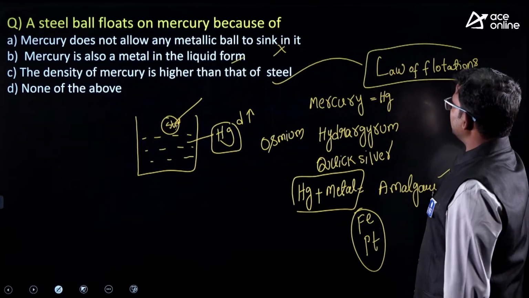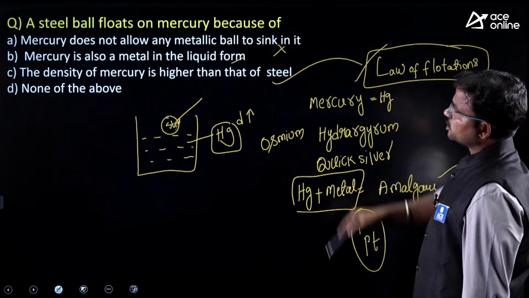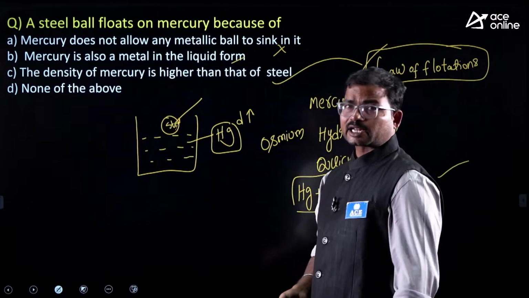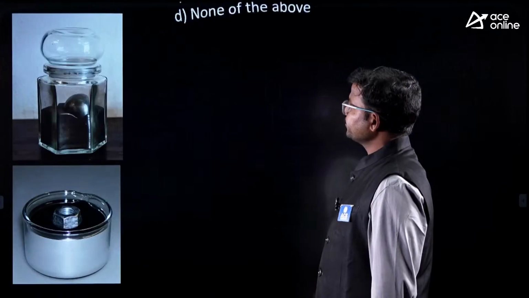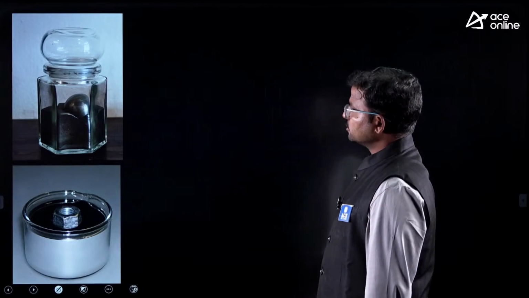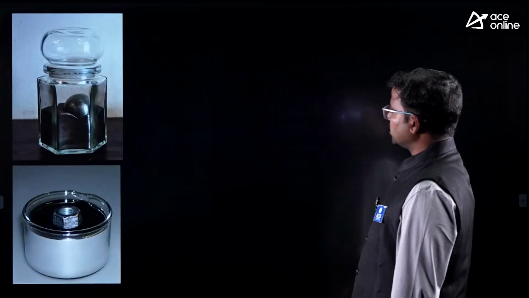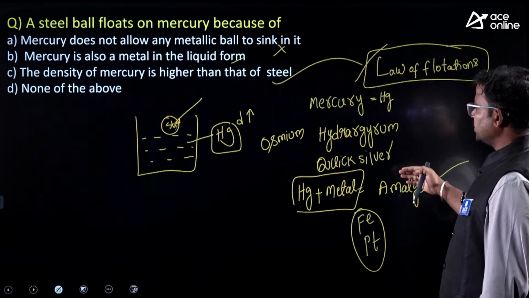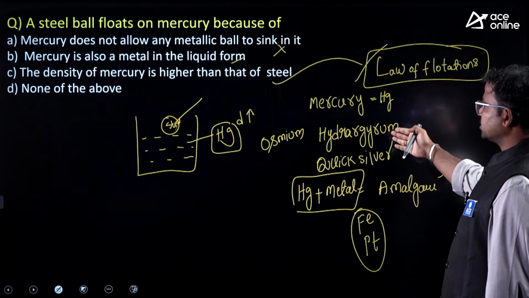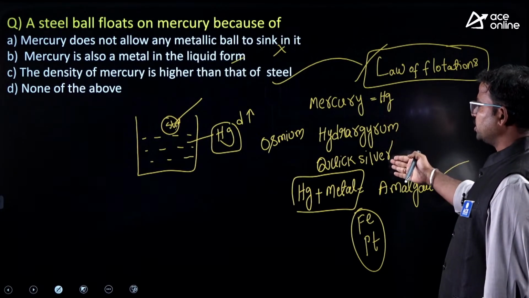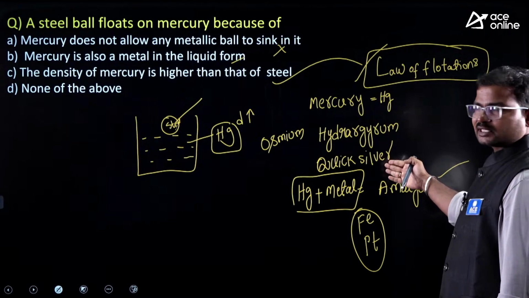These laws of flotation were proposed by whom? Mostly Archimedes. Yes, we already know that. So this is the liquid state metal. You should also remember the remaining constituents: what I mentioned here, the Latin name of mercury. Next, it is also called quicksilver. Why?